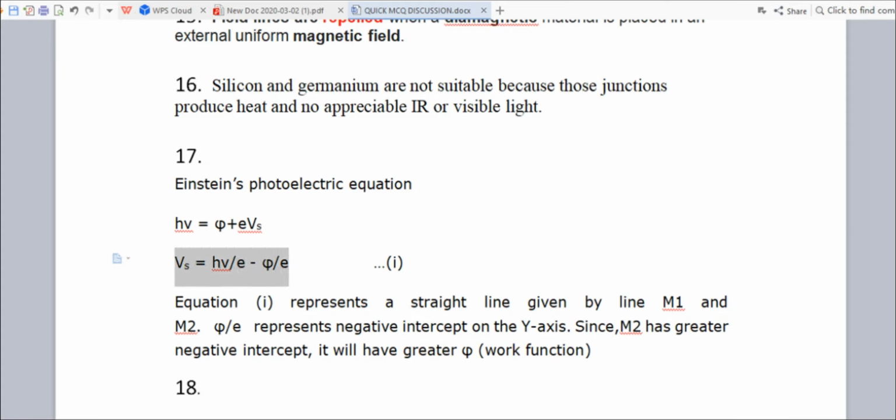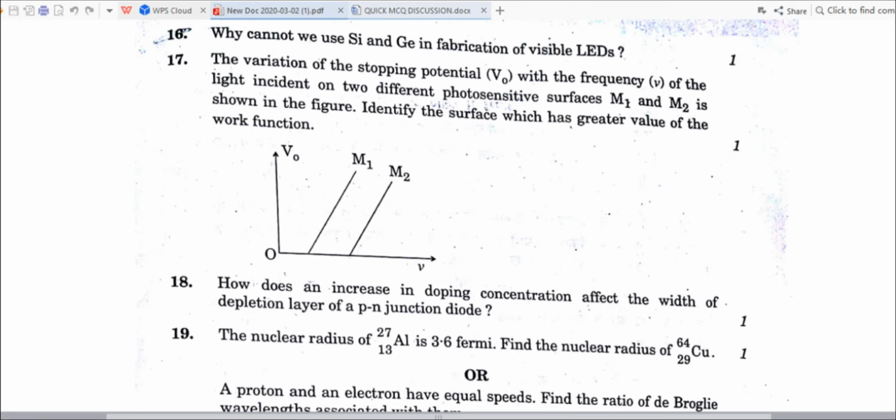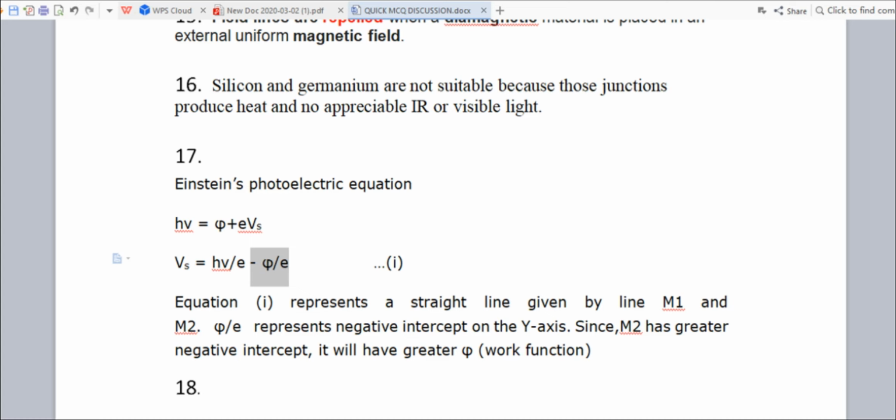On comparing this equation with a straight line graph, y equals mx plus c, the constant term, or the y-intercept, is minus phi by e. e is constant, that means the work function is directly proportional to the negative intercept on the y-axis. You will find that m2 has higher intercept, therefore it has greater work function.